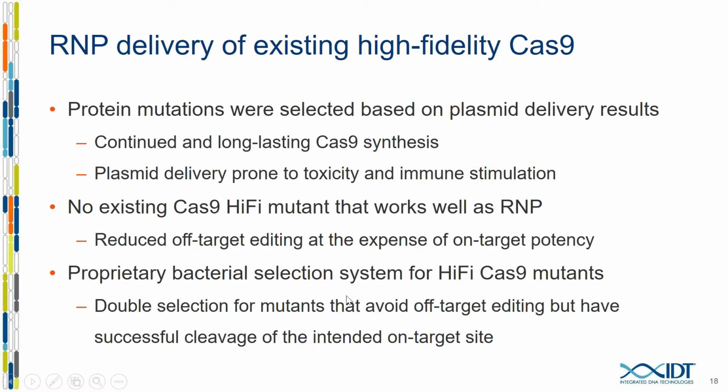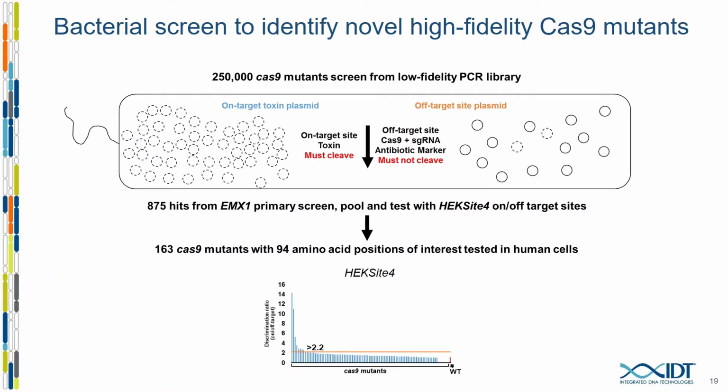So we developed in-house a proprietary bacterial system to find our own HiFi mutations. And what we did differently is that we dually selected for reduction in off-target editing as well as the maintenance of on-target editing efficiency. So selecting for both things at the same time. And this is a basic cartoon demonstrating that.